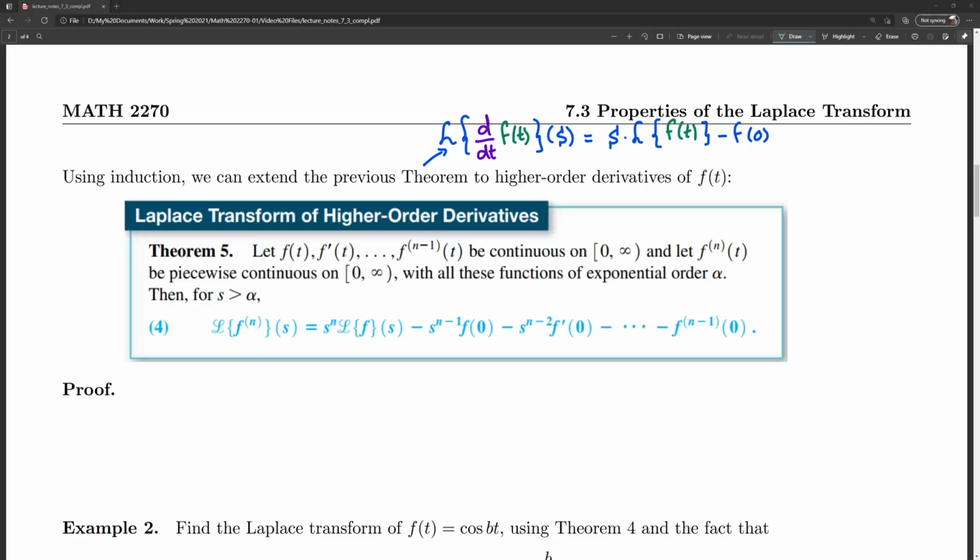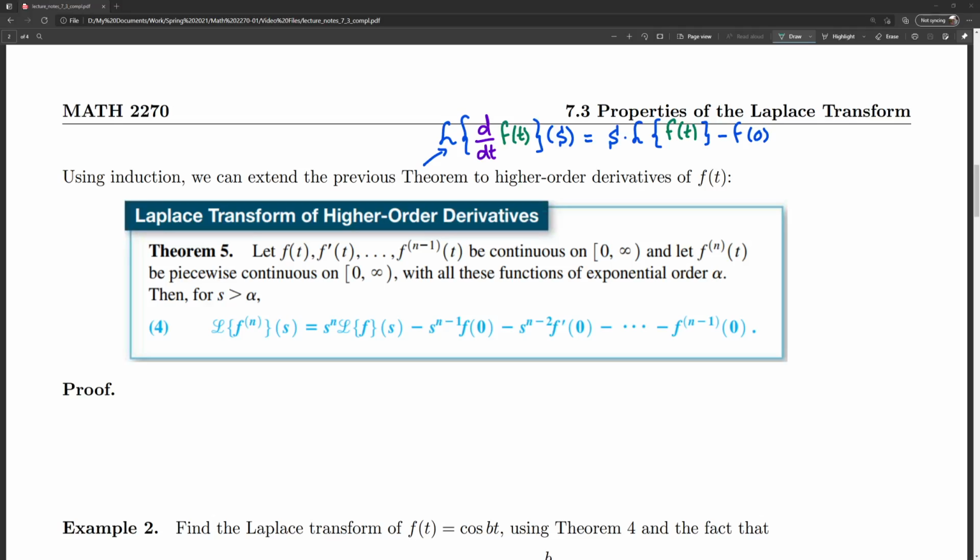Then for s greater than alpha, the Laplace transform of the nth derivative of f is given by s to the power n times the Laplace transform of f minus s to the power n minus 1 times f of 0 minus s to the power n minus 2 times f prime of 0 minus dot dot dot minus the n minus first derivative of f evaluated at 0.